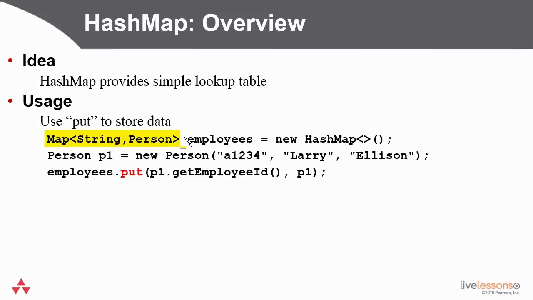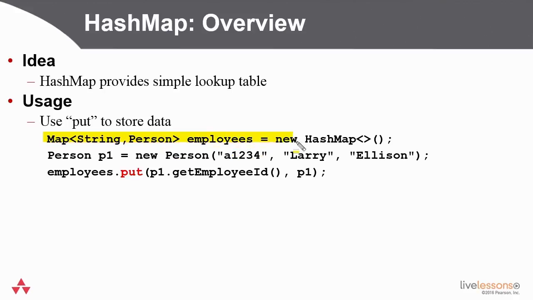And I'll say that Person is a class and an employee ID is a String. And so I will store Person objects associated with an employee ID. And later on, once I've built this big lookup table, I'll pass in an employee ID and retrieve the associated Person object.